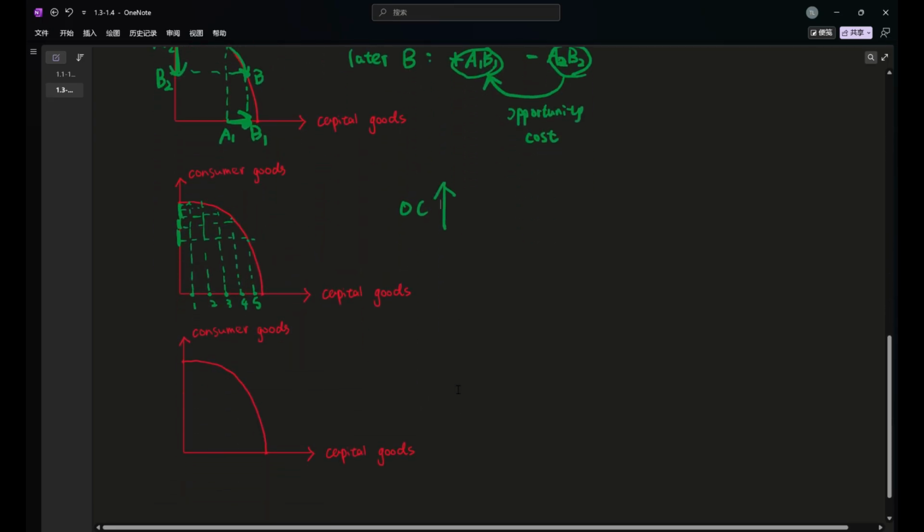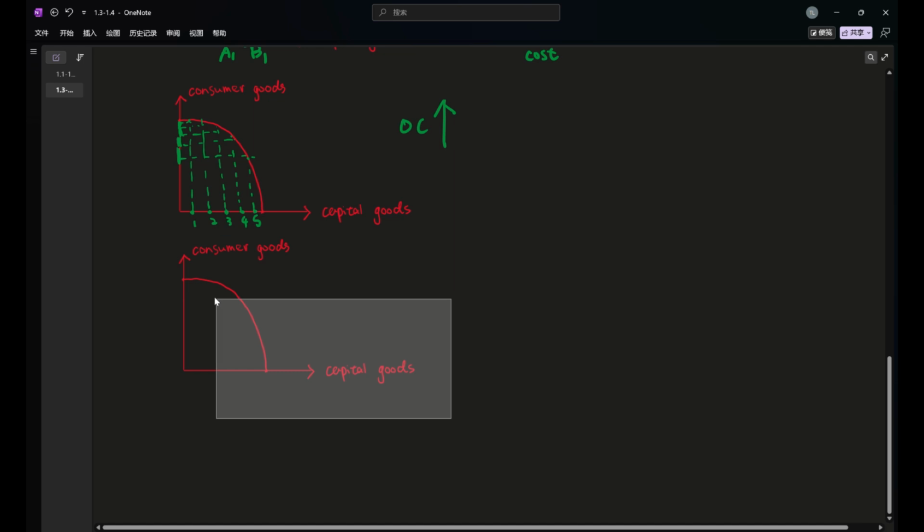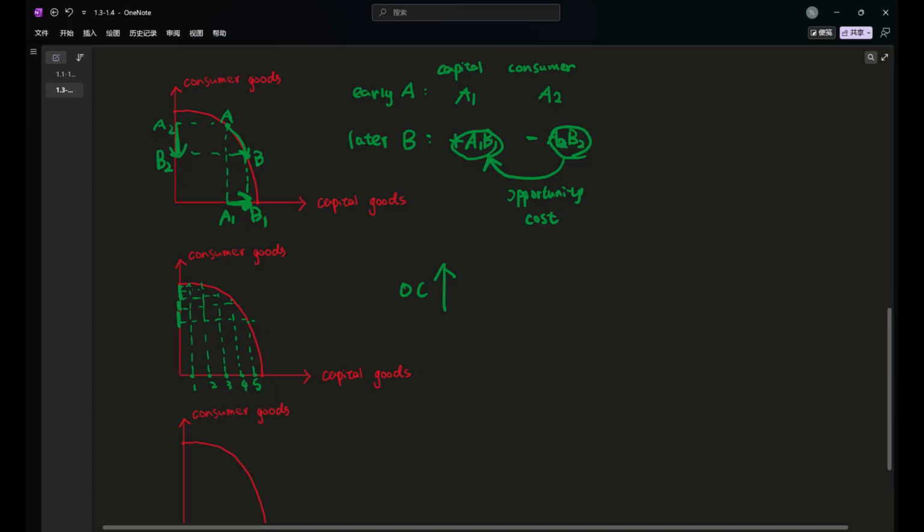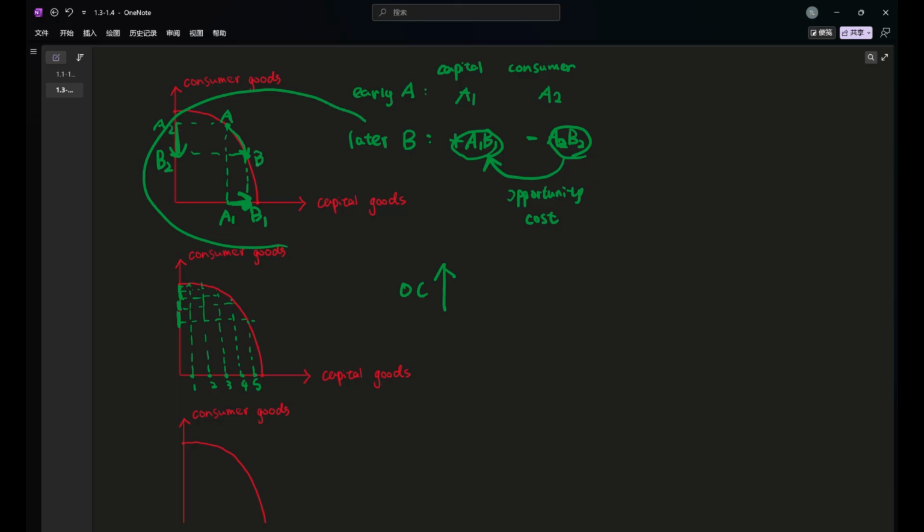And now we are going to learn about the shift of the PPC curve. Okay, but there is one more thing we haven't told you. This thing, movement from A to B, is actually called the movement around the PPC.